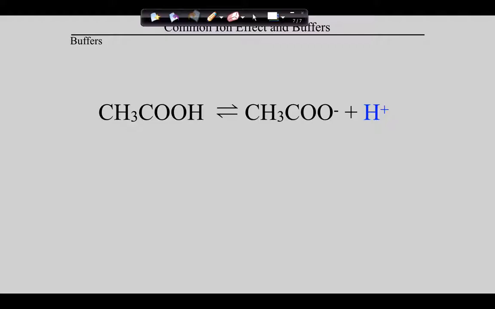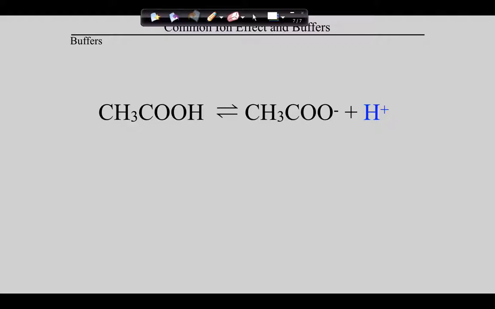Nothing. Or if we dump in OHs, what happens to pH? Nothing. That's what makes buffers magic: we add acid, pH doesn't change. We add base, pH doesn't change. But for you to understand this, you've got to be able to look at pH and watch it not change.